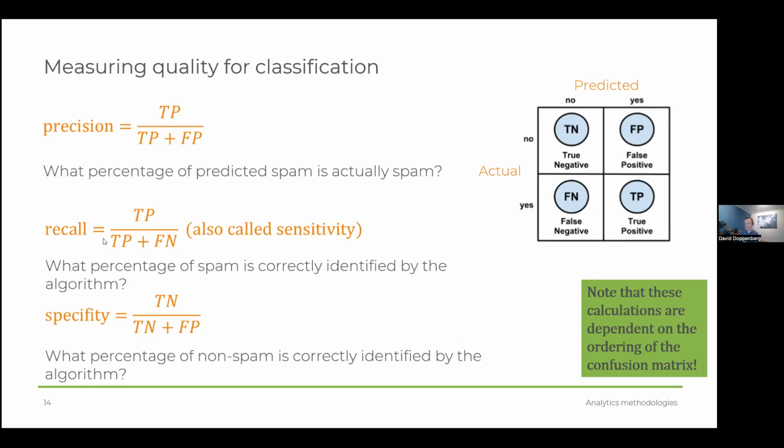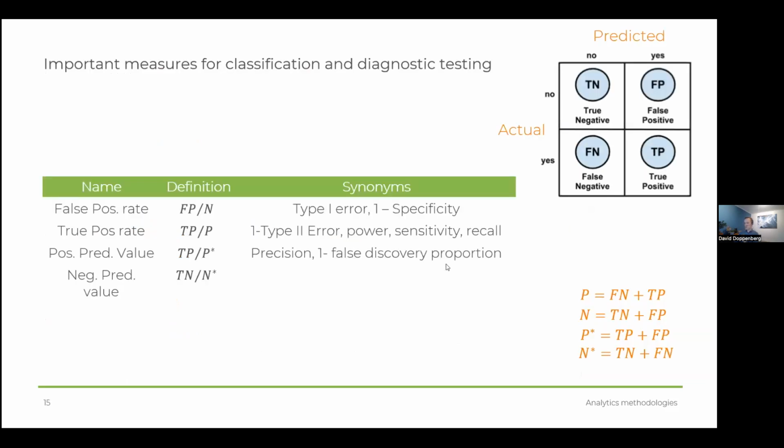Okay. On to a couple more that we also have. But there are two more that are important, which is basically the false positive rate and the true positive rate, because we were going to plot these on an XY plot in the end.